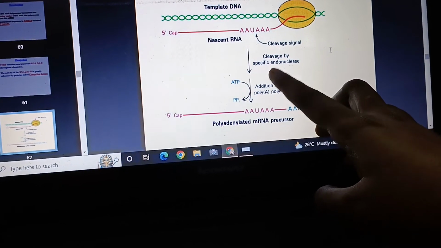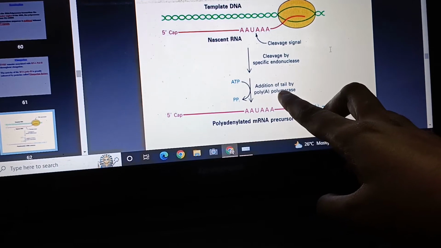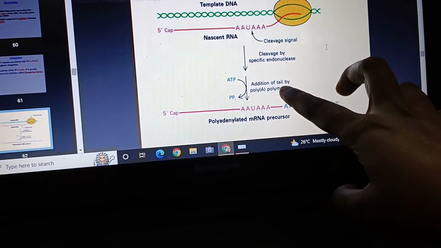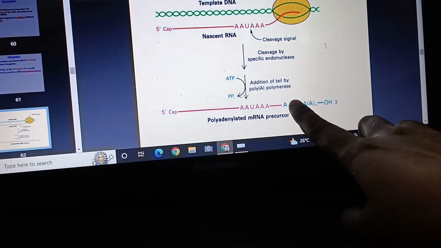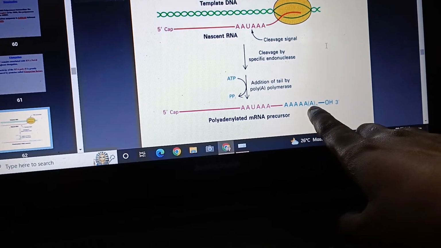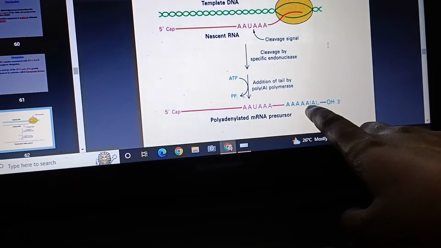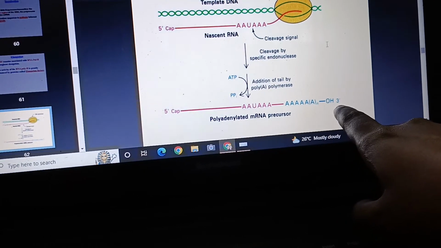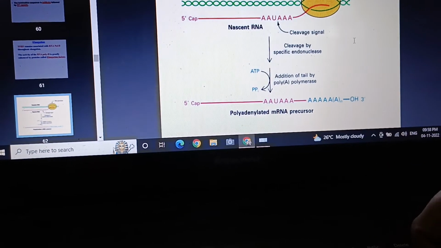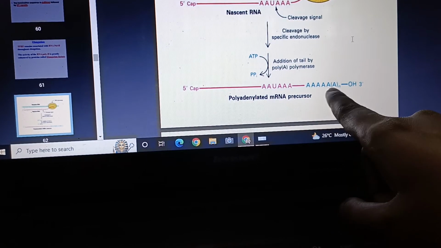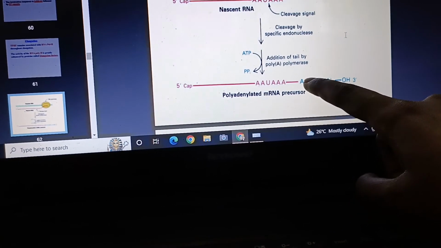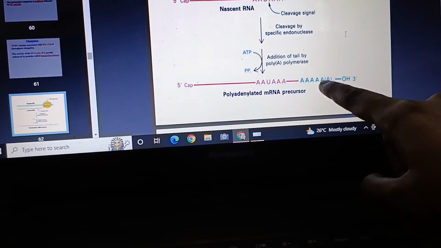So after that, adenine is added into the tail. See, this is the poly A, a number of adenines. So the tail, this is the 3' hydroxyl. This is called polyadenylation. This is n numbers, numerous adenines added in this process.